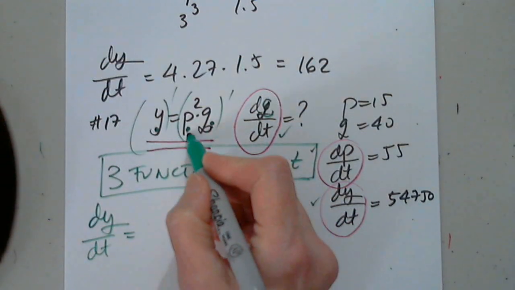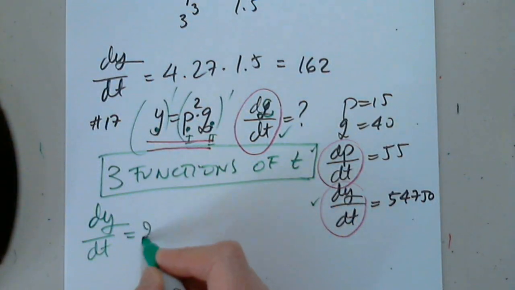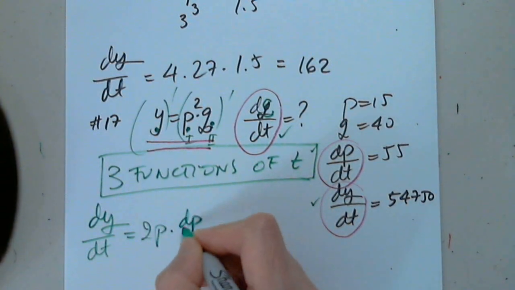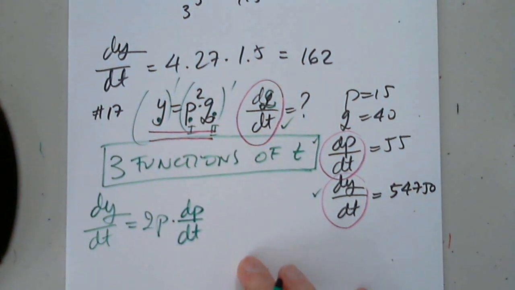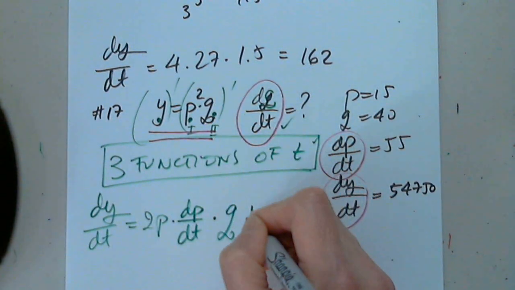Now careful, function 1, function 2. Let's try. It's okay if you're wrong. Once you're wrong, then I know what to address. Would the first one be 2p times dp dt? Awesome. Times the second function q, now plus.